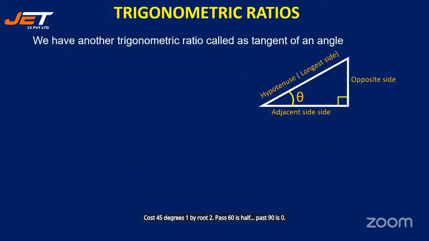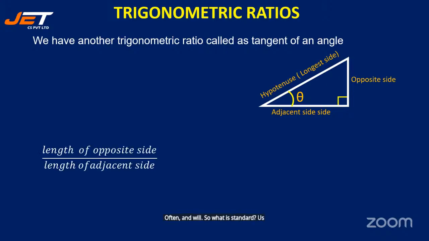Now, we have another trigonometric ratio called tangent of an angle. What do we usually say for tan theta? We write it as sin theta by cos theta, isn't it?